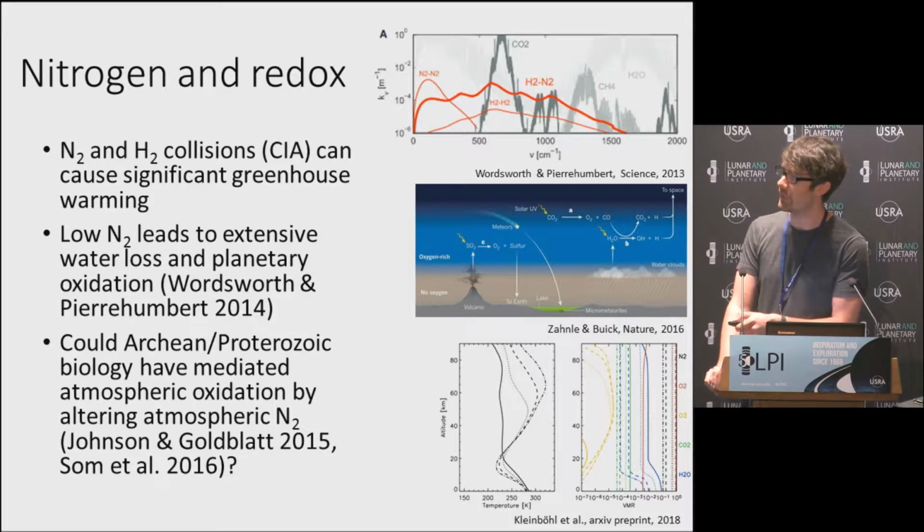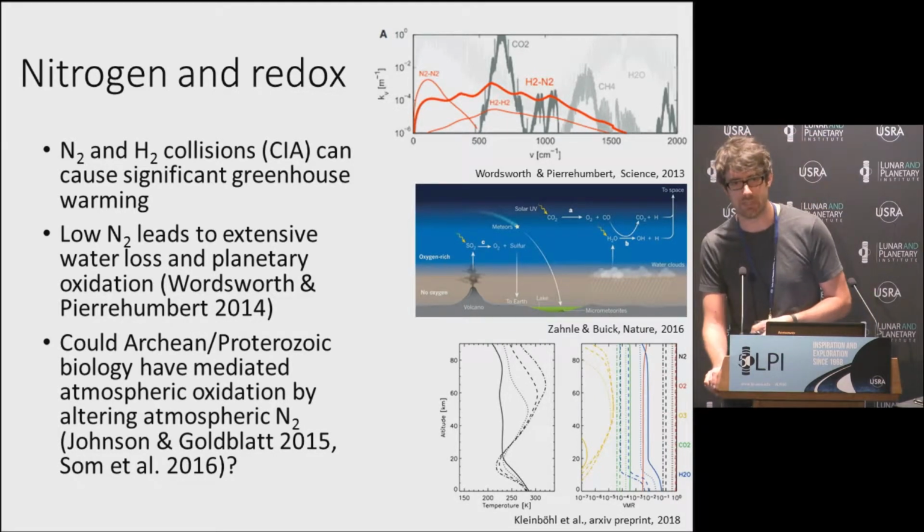So it can cause warming through pressure broadening. Also, if you have reducing conditions, it can cause strong warming through this collision-induced absorption effect. And in addition, if on Earth you have low nitrogen, then it's also a route to potentially high water loss and planetary oxidation, even if you're not anywhere close to a runaway greenhouse state.